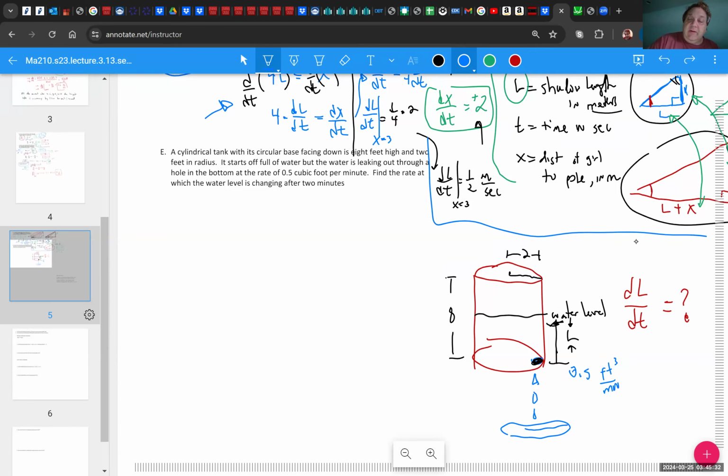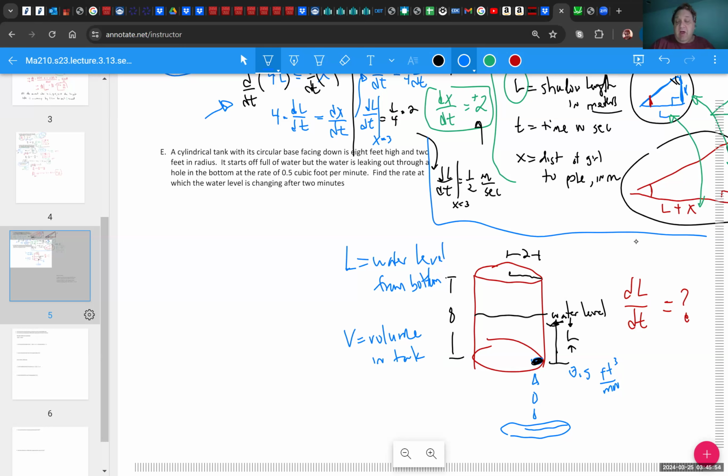So we need a letter for V. I forgot to write down my letter for L. So L is equal to the water level, and we're measuring from the bottom. And V is equal to the volume in the tank.